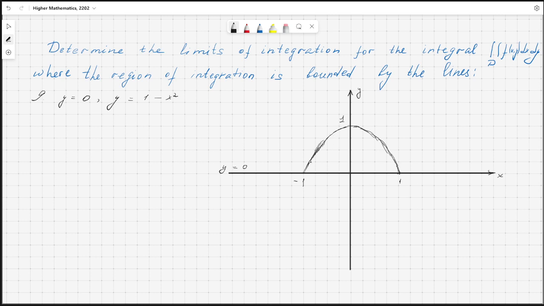The points of intersection of this line are A with coordinates -1 and 0 and B with coordinates 1 and 0.